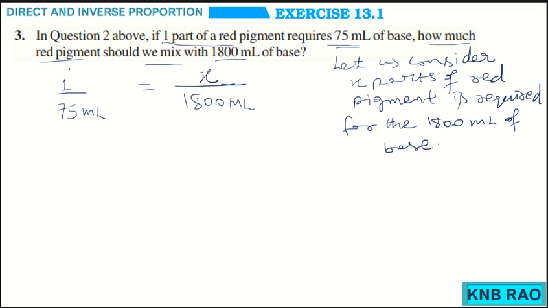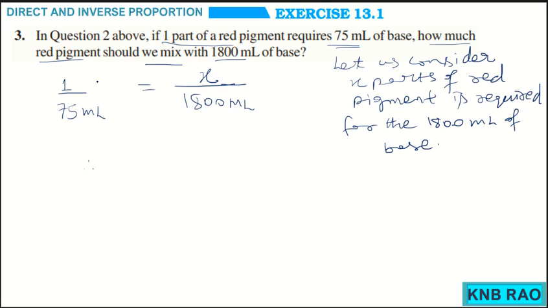Okay, with that, since in question number 2 we have already said that in direct proportion x1 by y1 is equal to x2 by y2, so 1 by 75 ml is equal to x2 by 1800 ml.